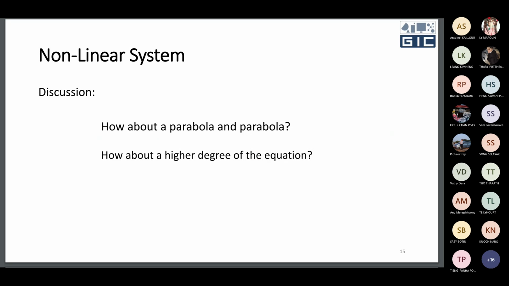When we have higher degree equations, we take the highest exponents and multiply them. For example, if I have 2 variables, I take the exponent values of those 2 variables and multiply them with each other. Those are the maximum possible solution sets that our system can produce. So can you catch up at this point? Yes. Okay, good.